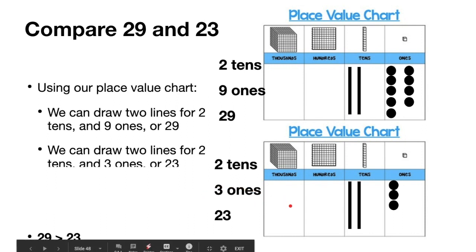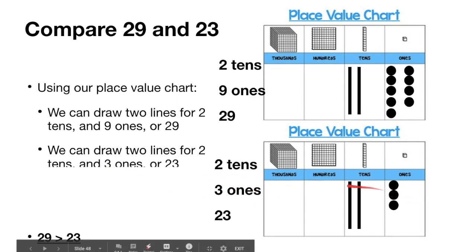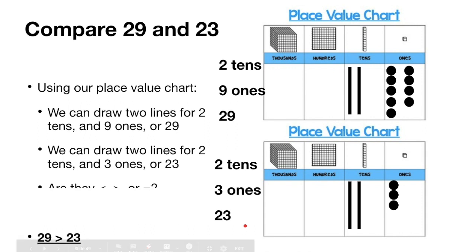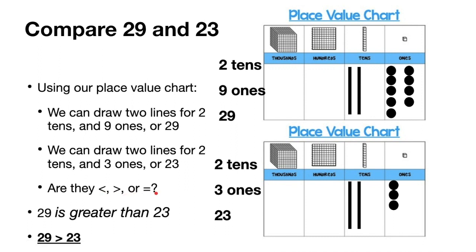Okay, so here we have, for 23, 2 tens, which is the same, right? 2 and 2. We have 3 ones, 1, 2, 3, which is 23. So are they greater than, less than, or equal to?